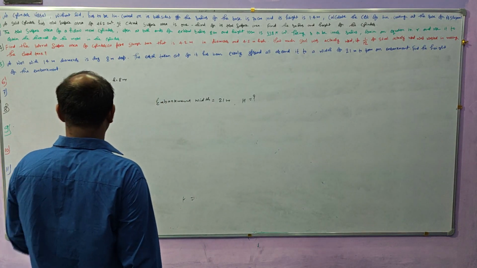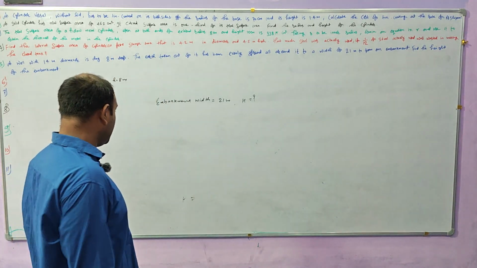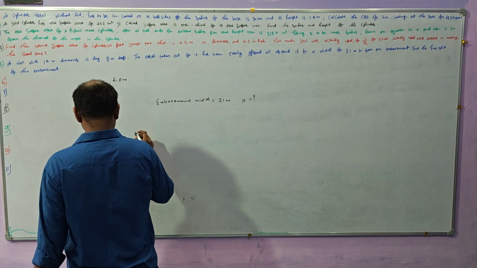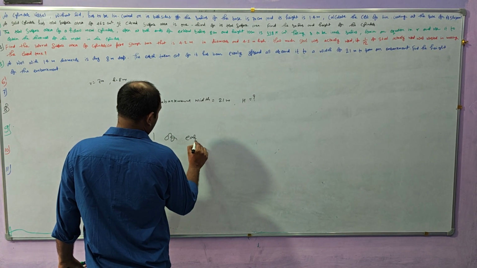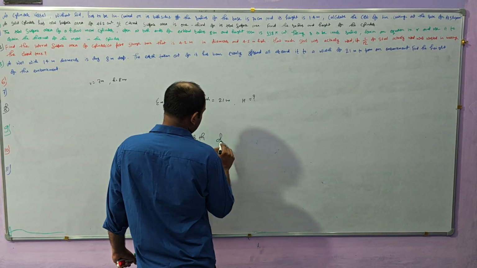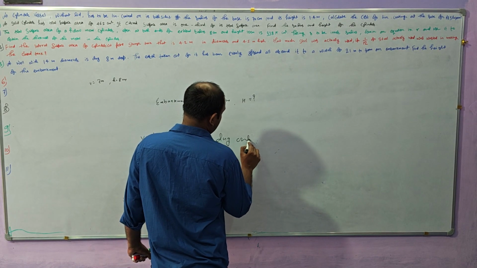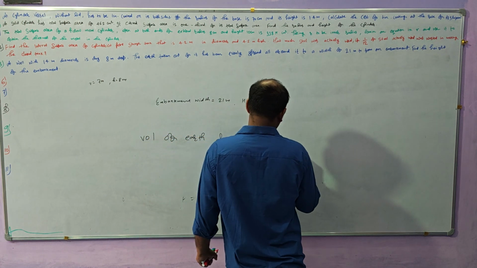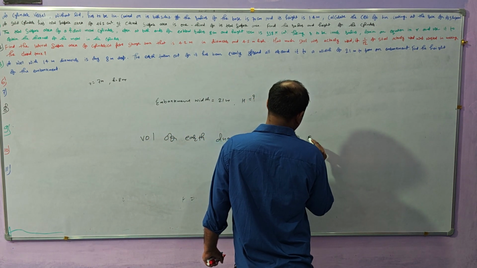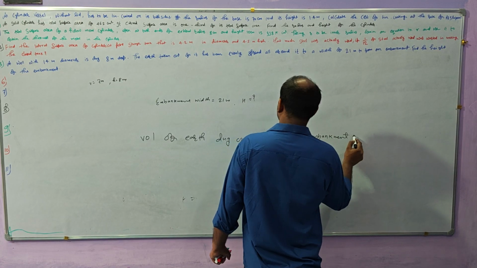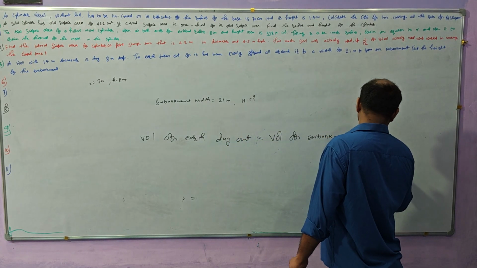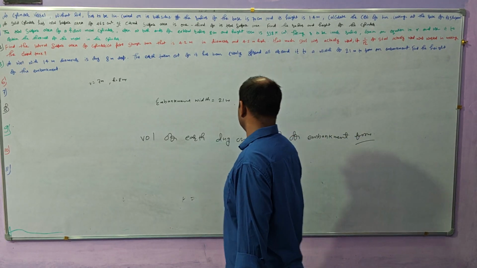And we know the volume of earth dug out is equal to the volume of embankment formed.